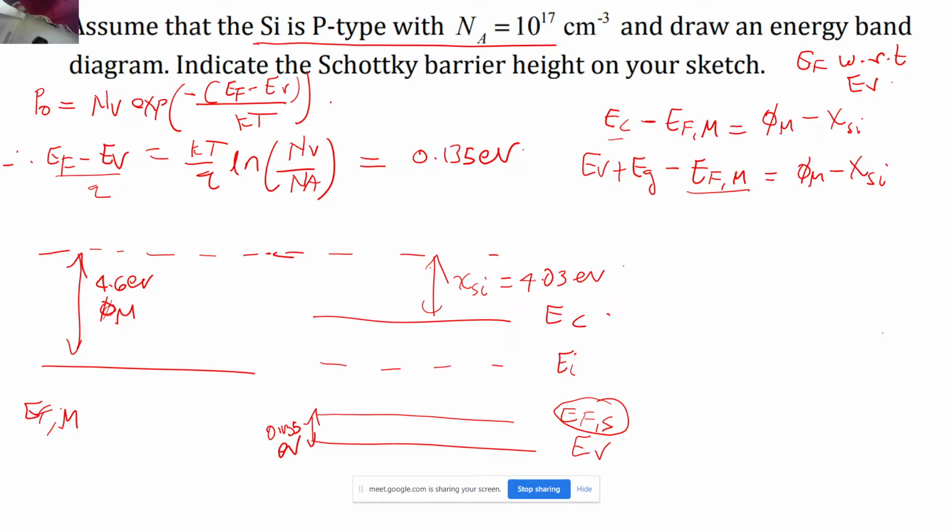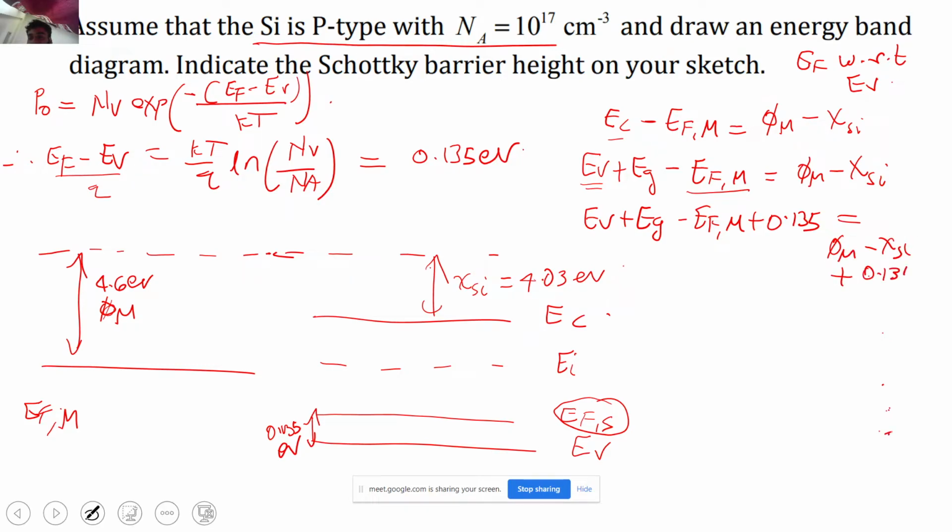So I have EV with me, and I know if I add 0.135 electron volts, then EV plus 0.135 will become EFS, correct? So I am just going to add 0.135 on both the sides. This is equal to phi m minus chi Si plus 0.135.